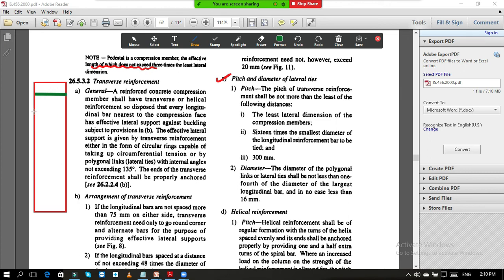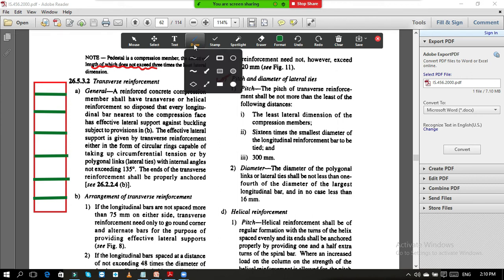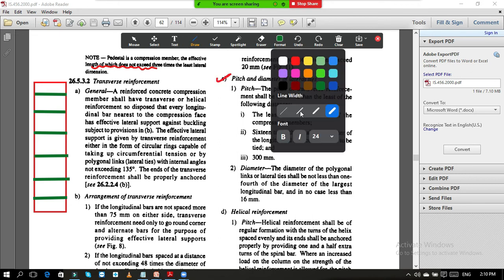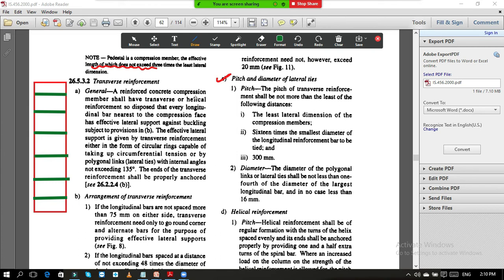These are the stirrups which are provided. I am showing you along the length. Then the center to center distance between the stirrups, from this stirrup, this is the center to center distance.